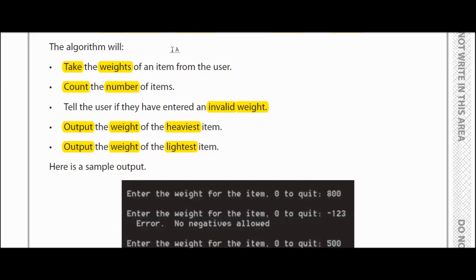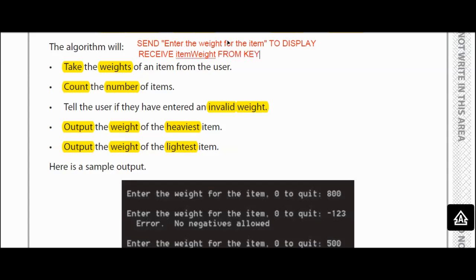So we would be going to send, enter the weight for the item, to display, and then we would be receiving, so receive, come up with your relevant variable name, receive item weight from keyboard.